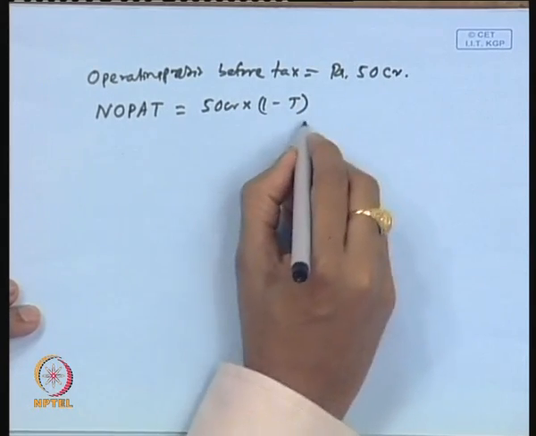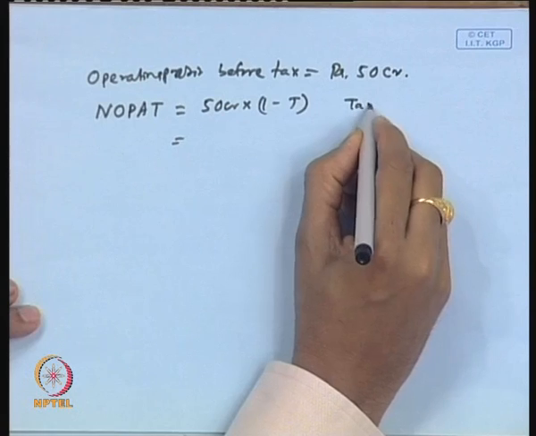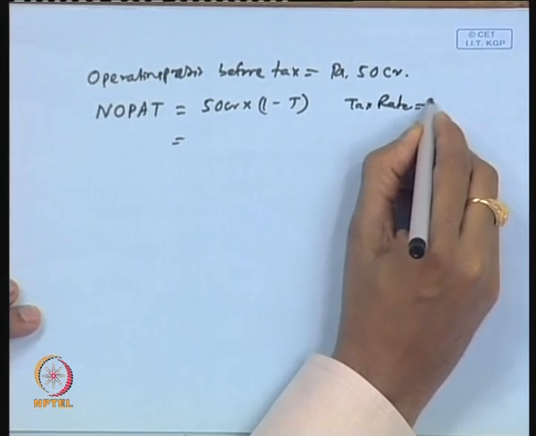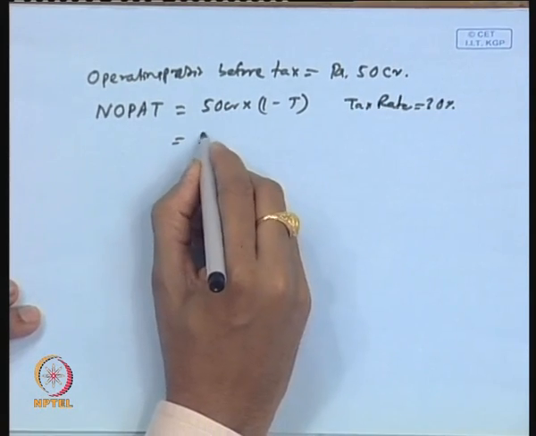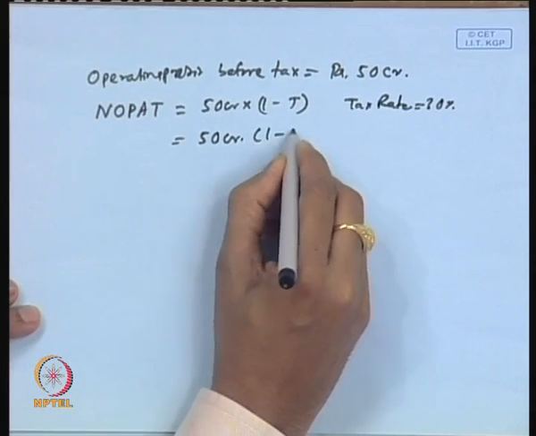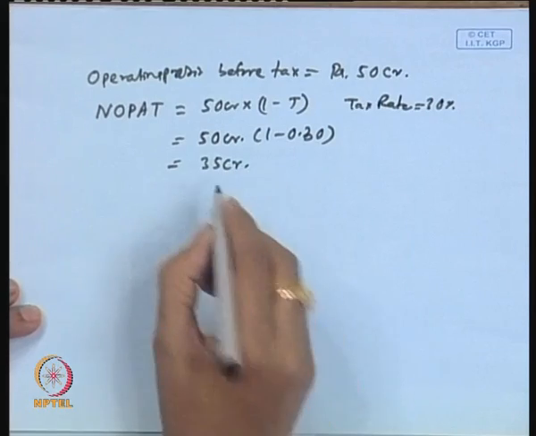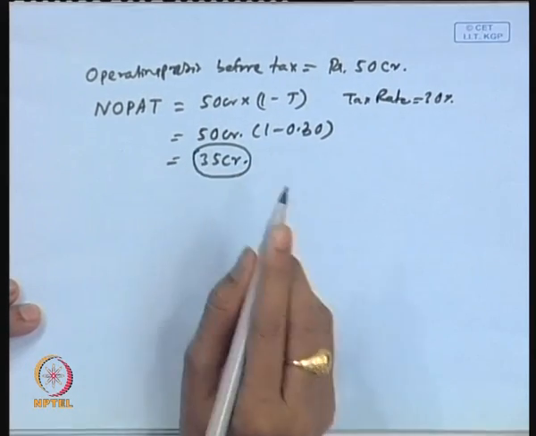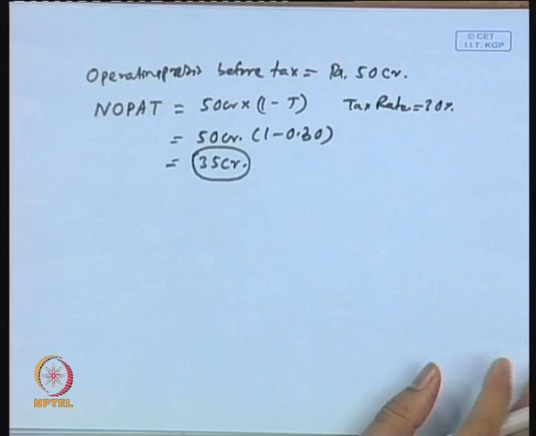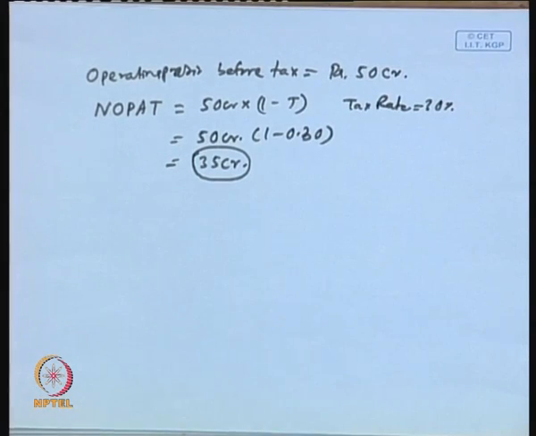If the tax rate is, let us say, 30%, the operating profit now becomes 50 crore into 1 minus 0.30, that is 35 crore, the net operating profit after tax. This is the way the operating income is found out and the tax is taken care of.